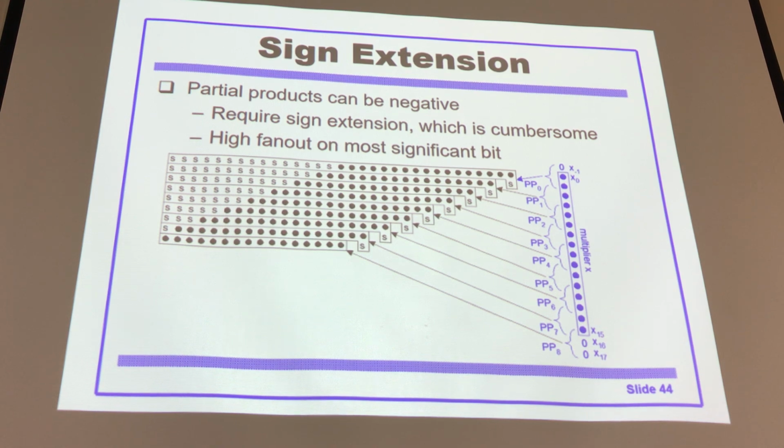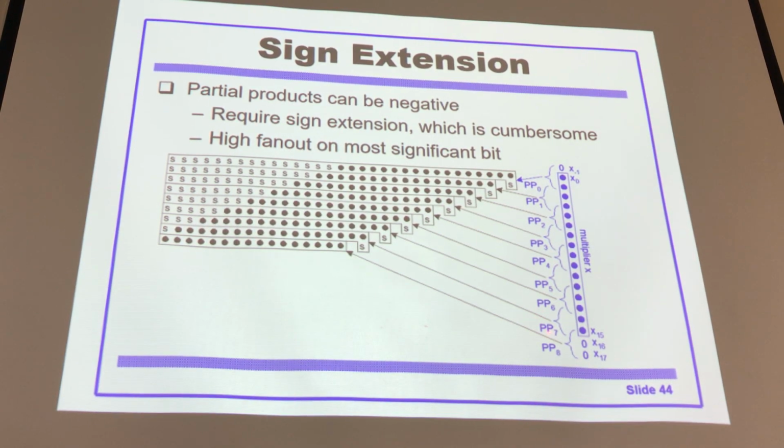So you have PP0, 1, 2, 3, 4, and up to PP7. But this 2-bit group might still owe 1 Y. So you need another partial product, PP8, with 2 bits here by default. So this bit 1 will mean that you need to add 1 Y back for this partial product.